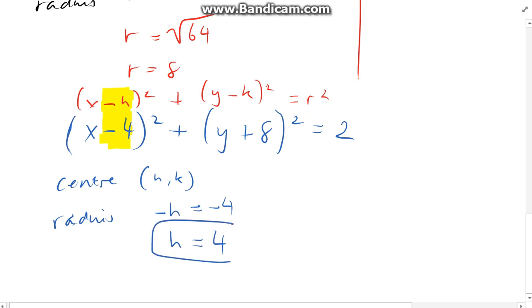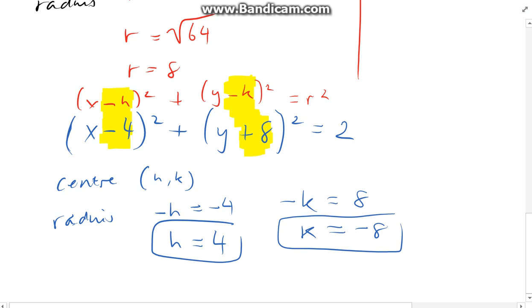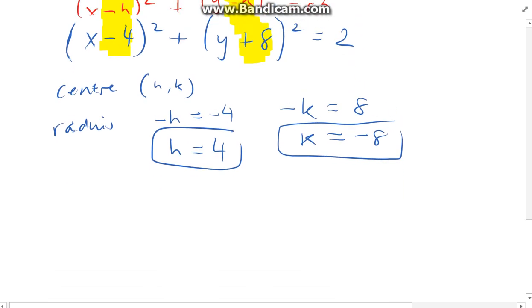So h is 4. Then if I look at my k, minus k is the same as plus 8 in this case. So minus k equals 8. We can't ever have a minus, so we get k, and again we change that sign, so k is actually minus 8. So I know my centre is now 4, minus 8.